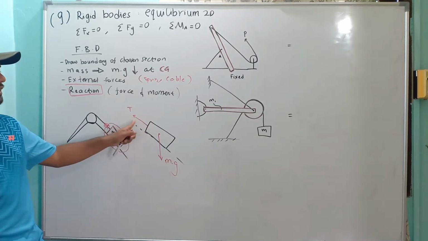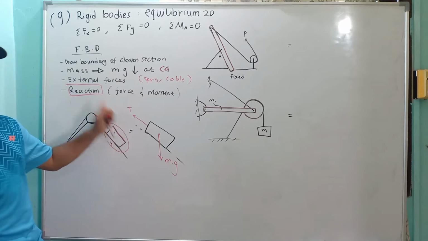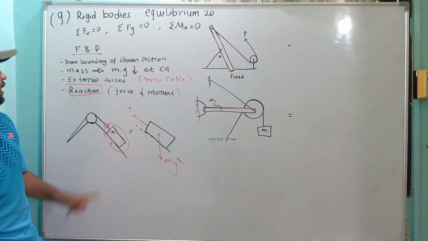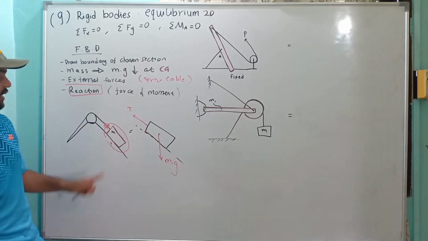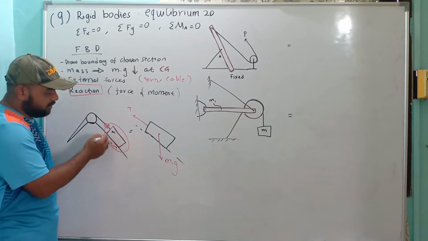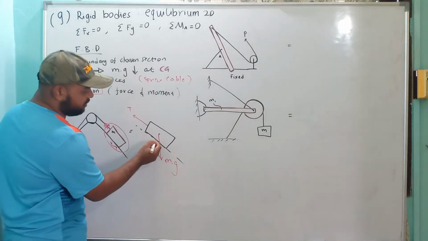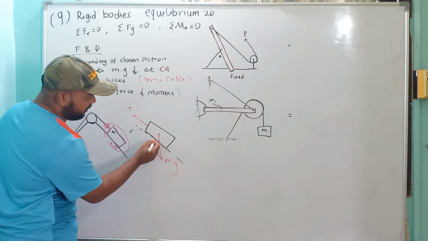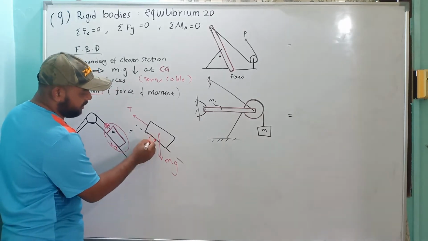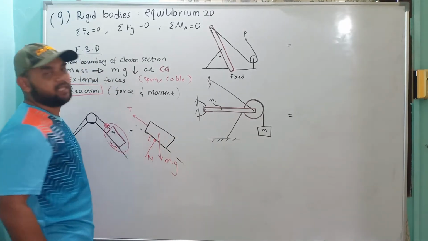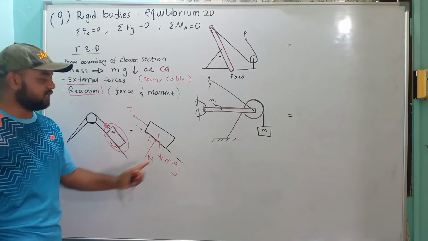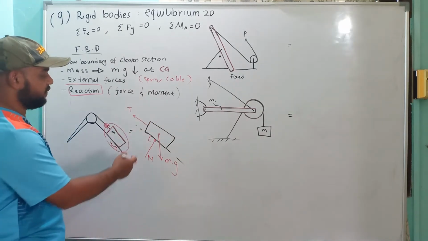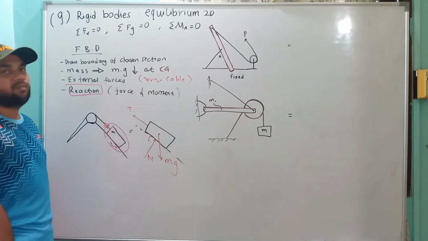So you have the cable tension T, outward of the component. The last one is the reaction force. In this case we have the surface, so 90 degrees to the surface toward the component. You can call it the normal force. So you have the first free body diagram.